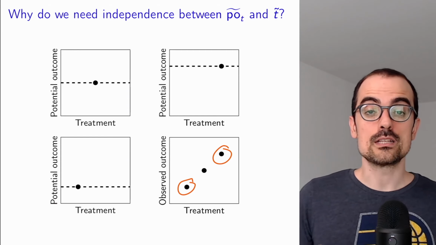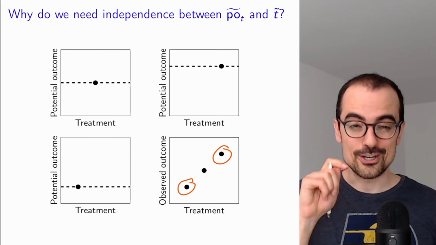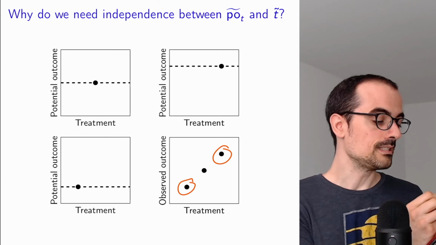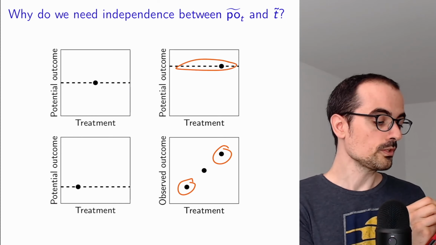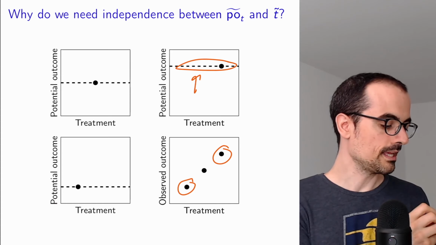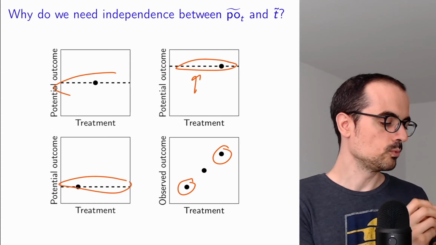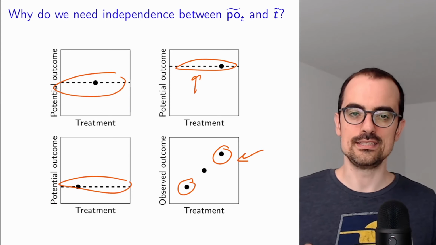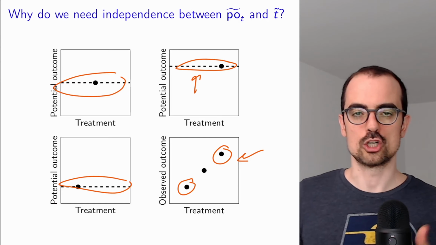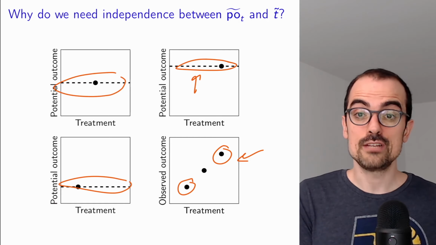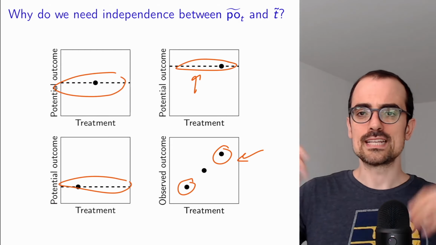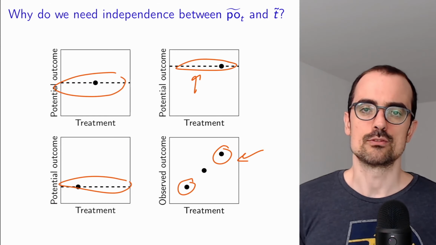If we have independence between the potential outcomes and the treatment, then you cannot choose the treatment in order to fool us. Basically, the treatment would have been randomly chosen anyway, and it would have been highly unlikely that you could produce that spurious correlation in this case where the potential outcome does not depend on the treatment. You can achieve that by randomizing the treatment, not looking at anything else, just generating it at random every time.